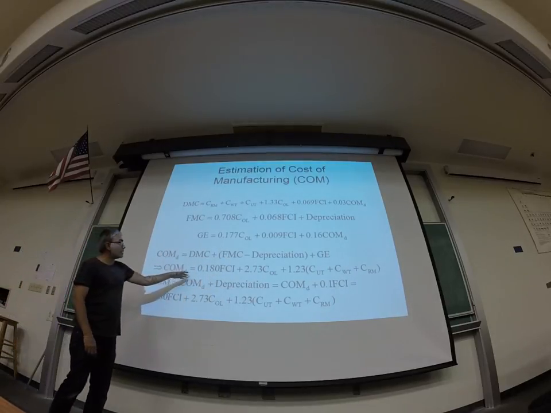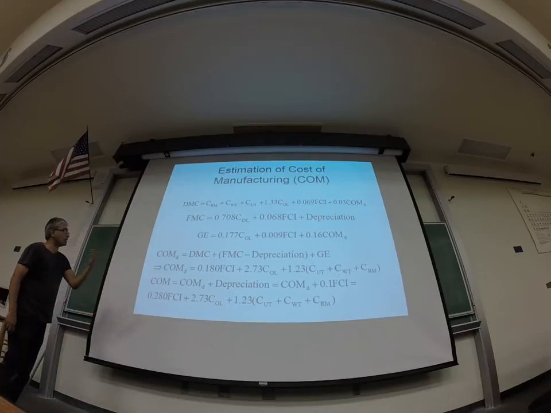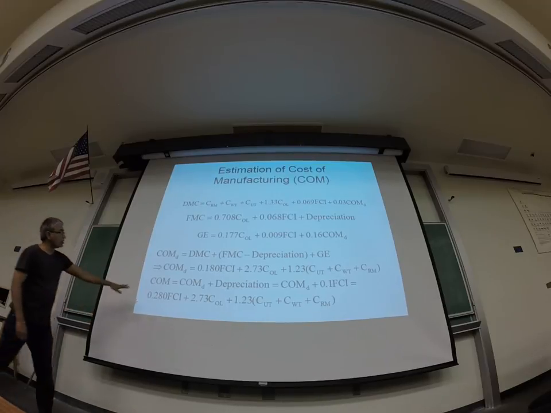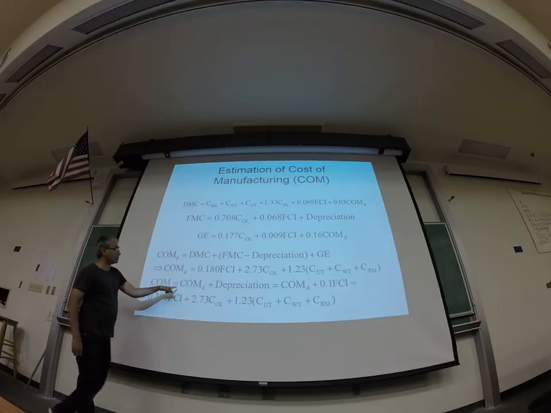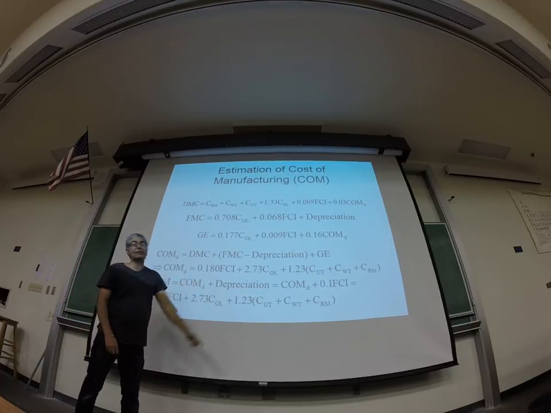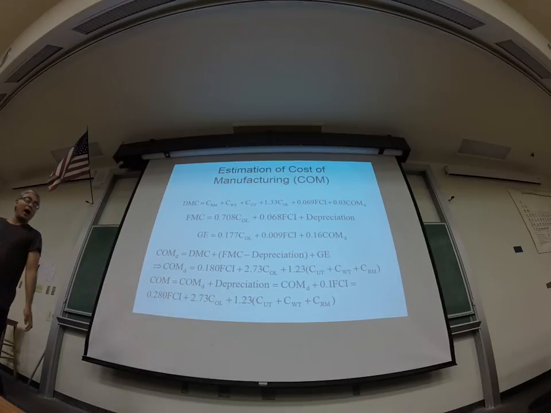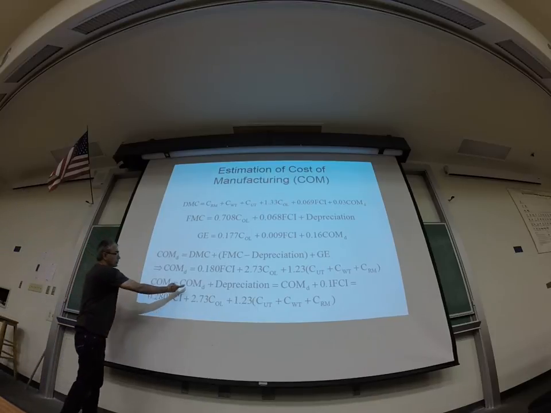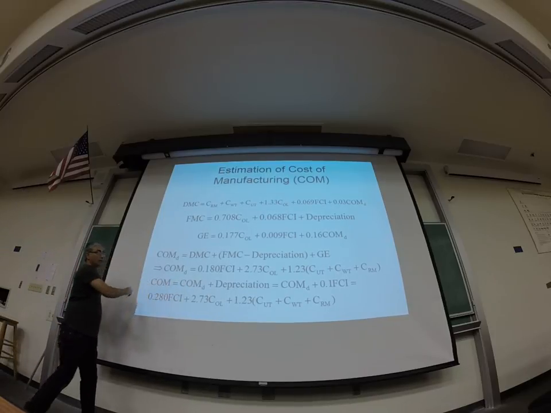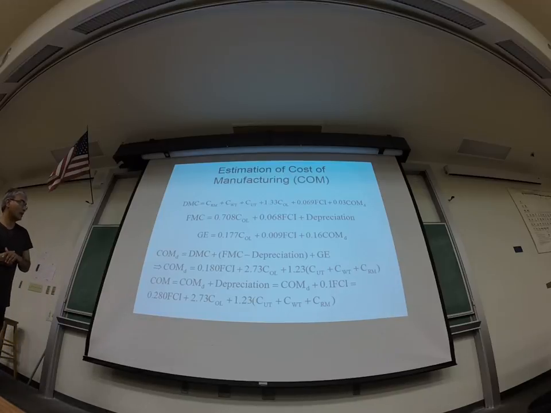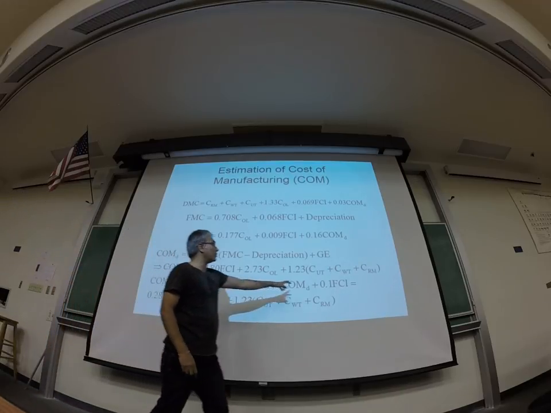And COM is the cost of manufacturing without depreciation plus depreciation. You will see later why it is good to differentiate these two for taxation purposes. And depreciation is roughly 10% of FCI.